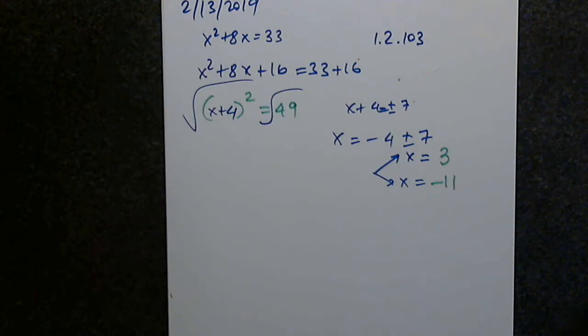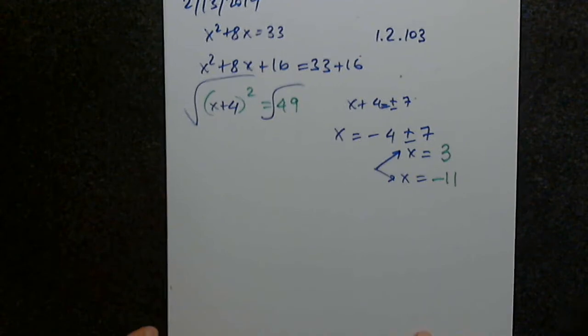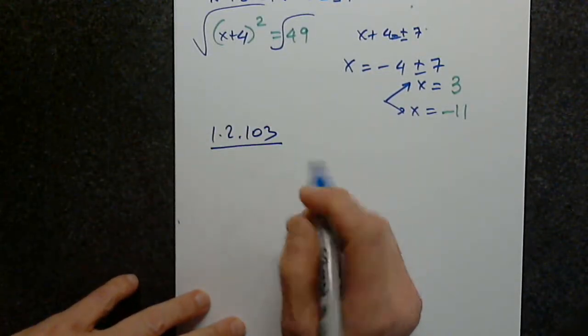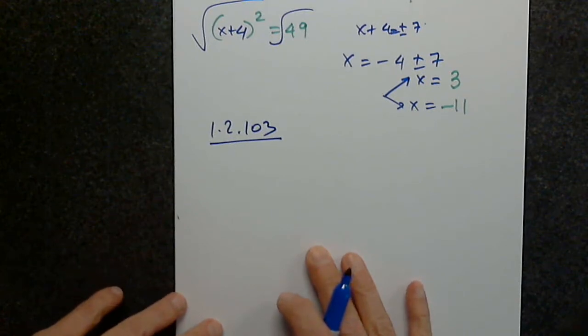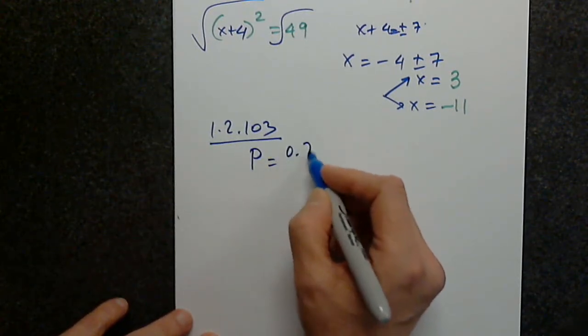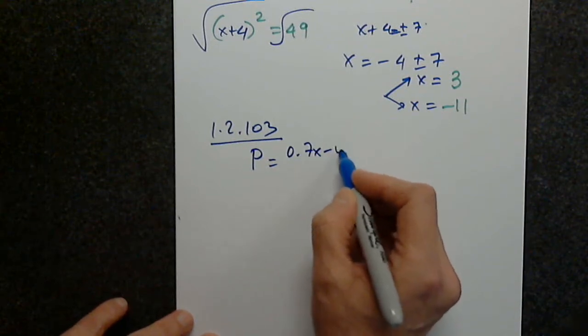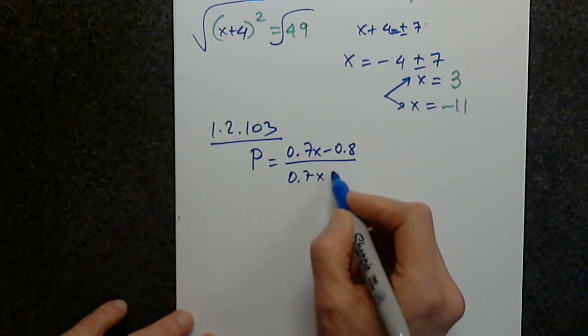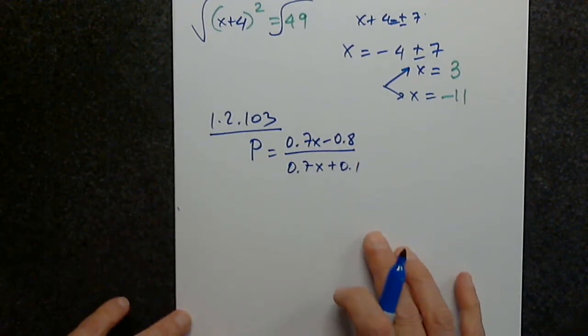Okay, so we have a model. The model P is a learning curve where P is the proportion of correct responses after X trials. So every time I solve a word problem, like for example this one, I take notes. Absolutely mandatory. So I write P is the model, which is 0.7 x minus 0.8, everything divided by 0.7 x plus 0.1.